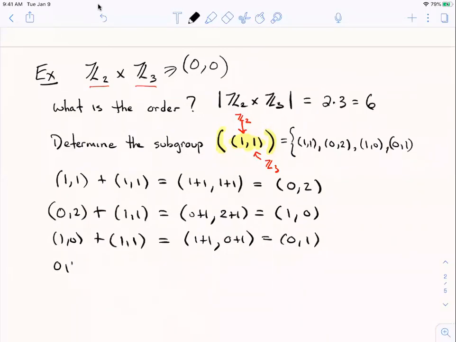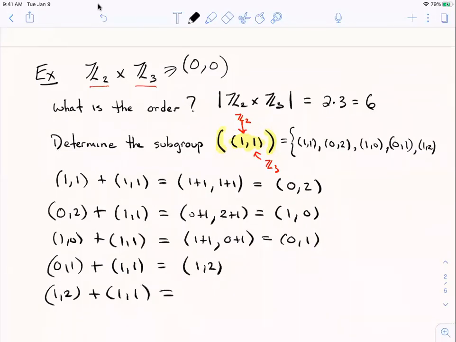Okay. Add 1, 1 again. I'm going to skip the intermediate step this time and write that that's going to be 1, comma 2. So 1, comma 2 just made it in there. Take 1, comma 2 and add our 1, 1, and you get 1 plus 1, that's 0. You get 2 plus 1, that's 0. That's the identity. It's over. The identity is the last element.